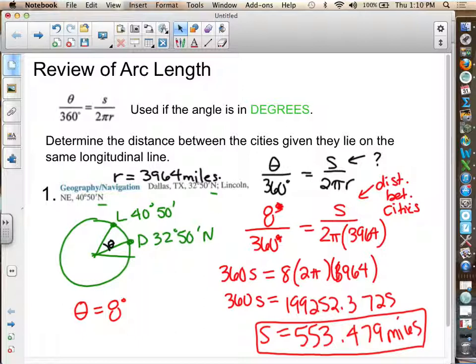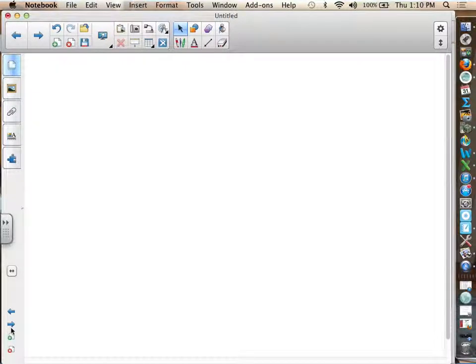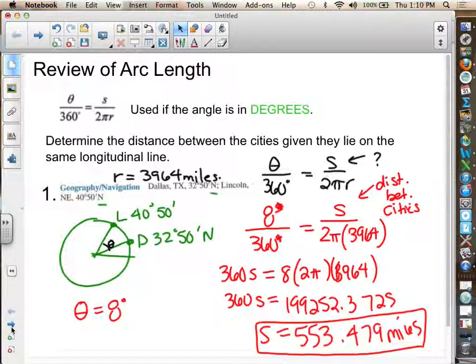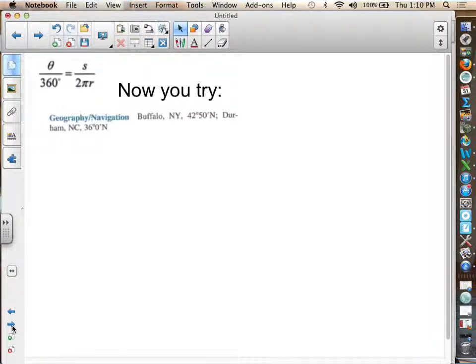So here's one for you to try. If you hit pause on the video, you can go through and work this out and then come up with your answer here. I'm going to work it out quickly and write this down here.